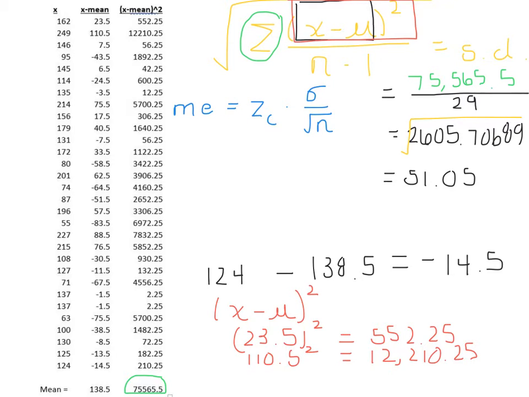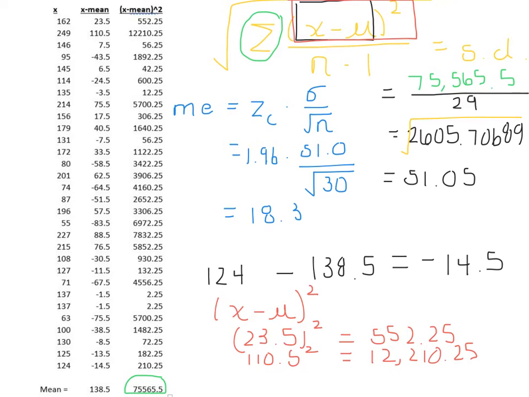So now back to calculating my margin of error. We determined that the critical value was 1.96. We now know that our standard deviation is 51.05, or if I round to the nearest tenth, that's 51.0. And we divide that by the square root of n, which in this case would be square root of 30. And when we do that, we get a margin of error of 18.3 if I again round to the nearest tenth.